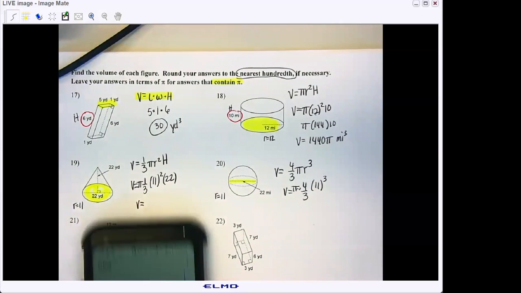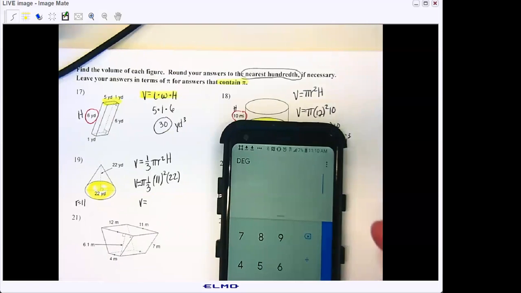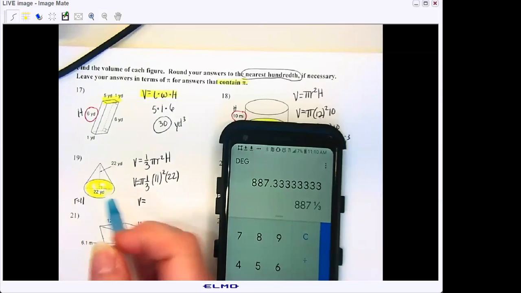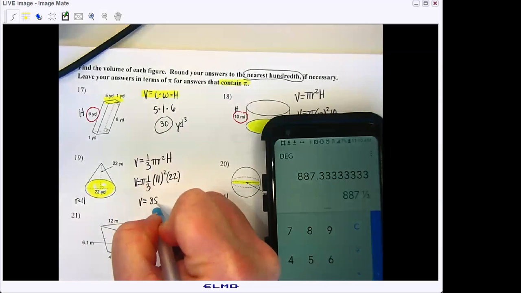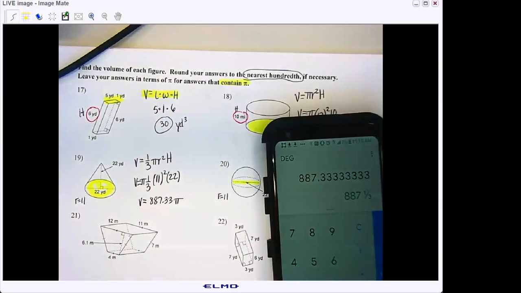See, so guys, if you need to, you can look at it this way. You can do 11 times 11 times 22 divided by 3 equals 887.33. 887.33 pi, and you're done.